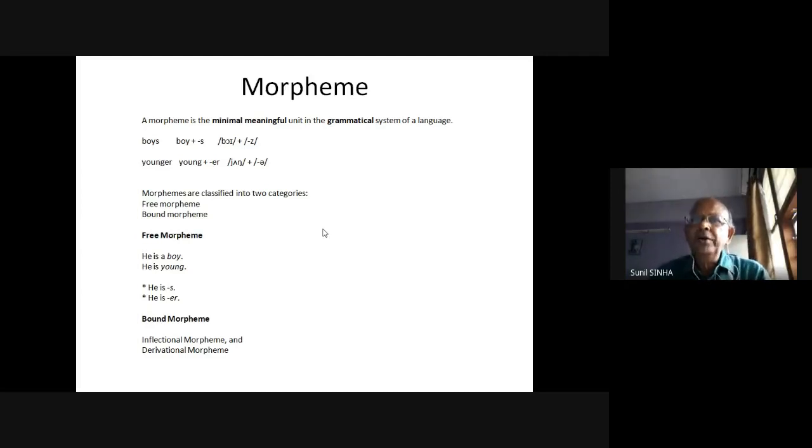The slide is before you. Let's look at boys. Now, if you want to break boy into smaller units, s is a plural morpheme, is a plural form. That is, when we want to convert boy, this noun, into plural, we add s and we get boys.